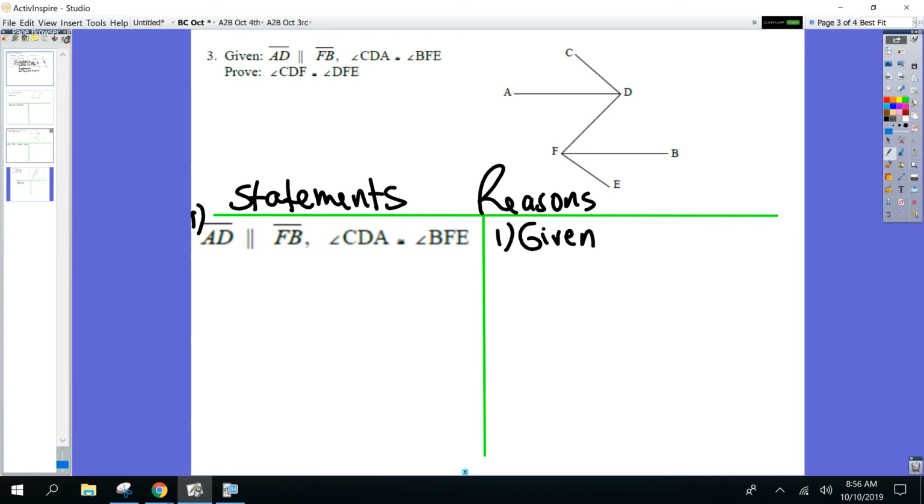Go ahead, set up your statements and reasons, mark your diagram, and then we'll be in for it. Let's just fill it in. We'll talk.